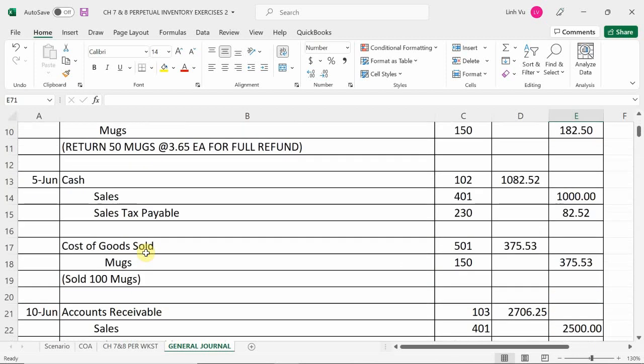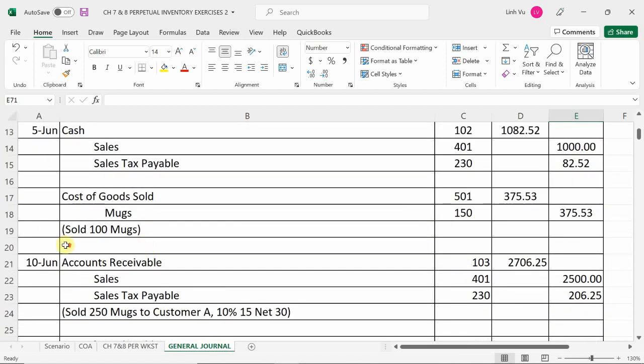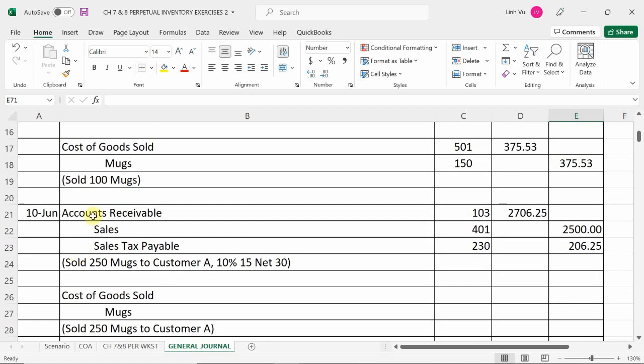So in this case, customer A, right, here we go. We sold to customer A on account. So this is what we originally charged them. Now in this case, because we already calculated the tax and placed it in here, we must take the tax out and look at how much we can take the discount off of.